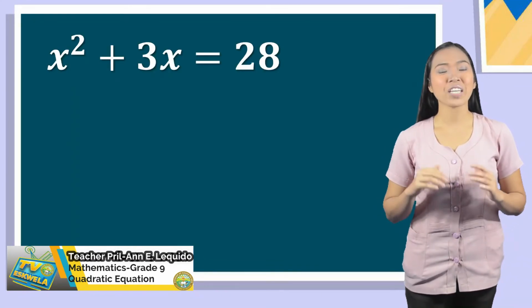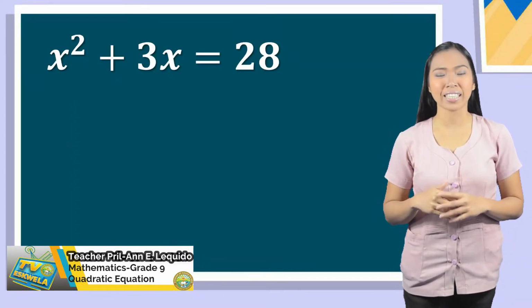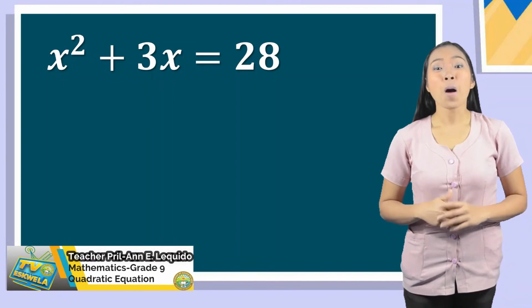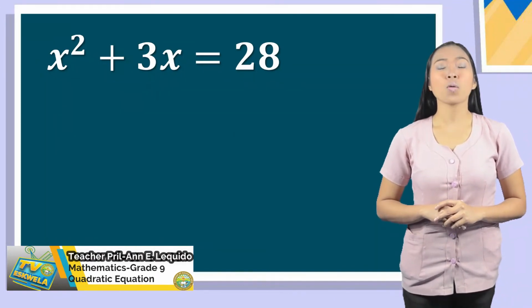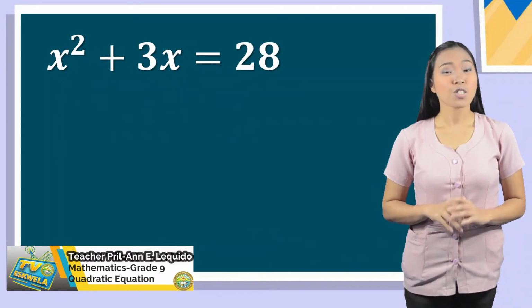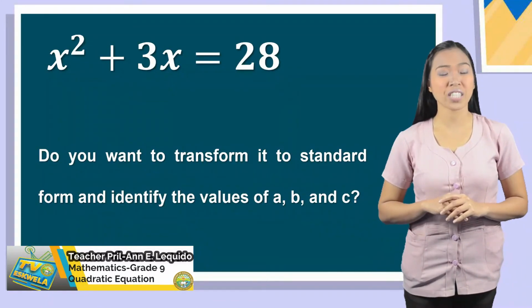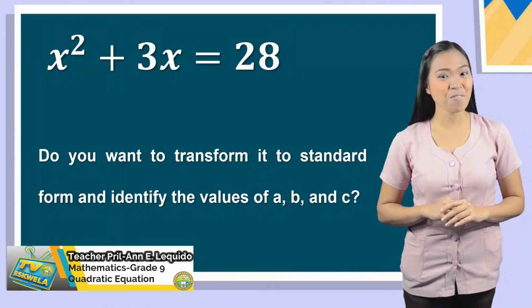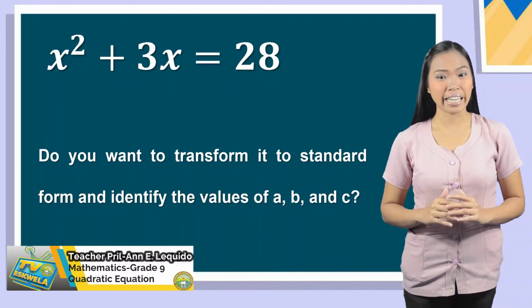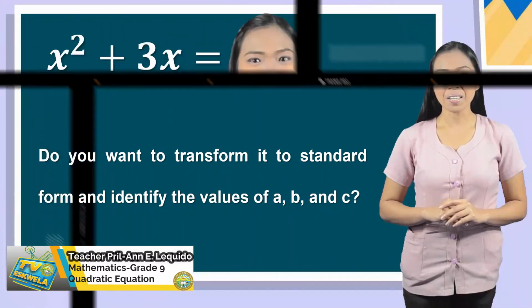Going back to the equation we formulated, x squared plus 3x equals 28. Do you want to transform it to standard form and identify the values of a, b, and c? Oh, I hear a yes. I will give you time to do so. Now, will you tell me your answer?